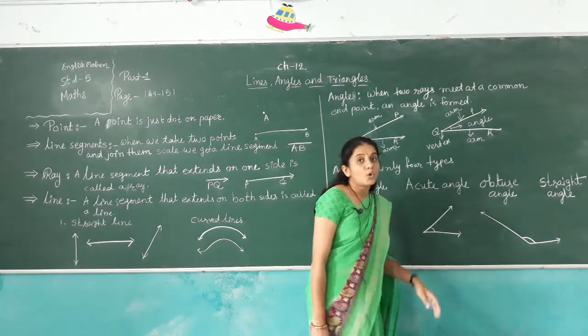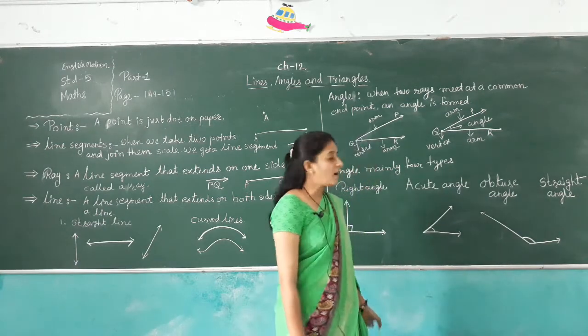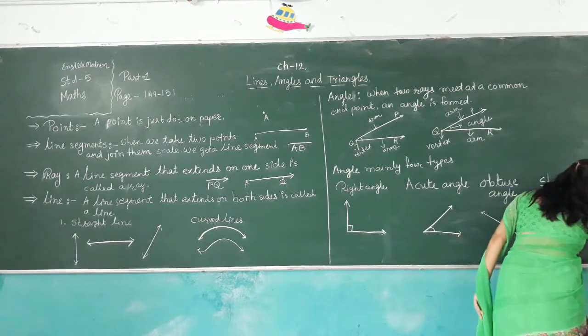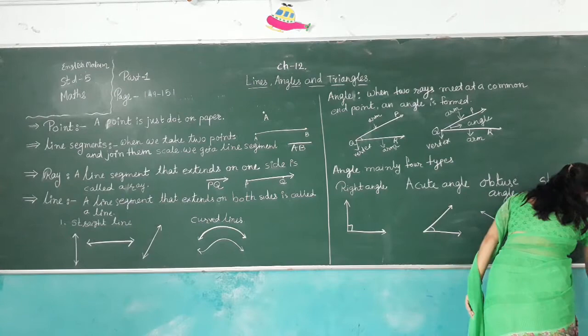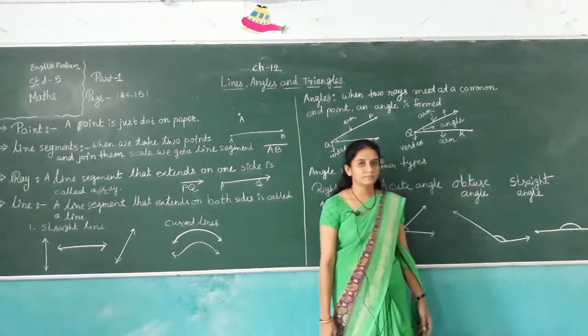Straight angle: two adjoining right angles form a straight angle. Here this type of angle is called straight angle.